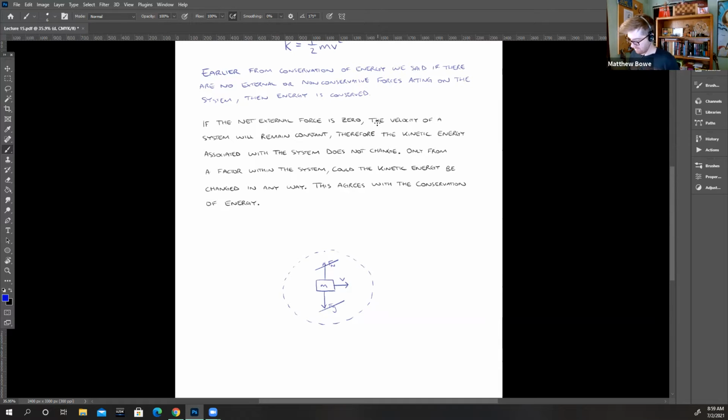Okay. What I'm trying to say with the second sentence here is only from a factor within the system could the kinetic energy be changed in any way. So this is like one of the early problems where maybe a spring pushes up a block and it slides up a ramp. That's a complicated system. And the energy isn't always going to be kinetic.